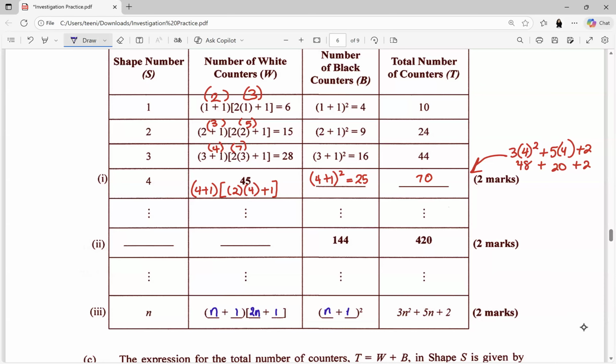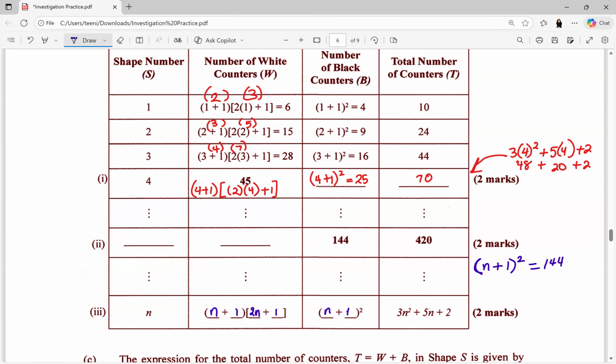So for this one, to figure out the shape number when the number of counters is black, we use the equation, right? We use the n because we're trying to figure out n. So n plus 1 squared is equal to 144.